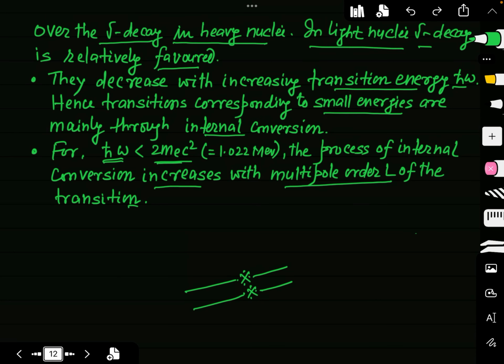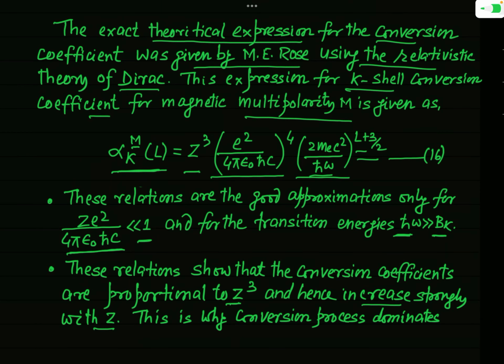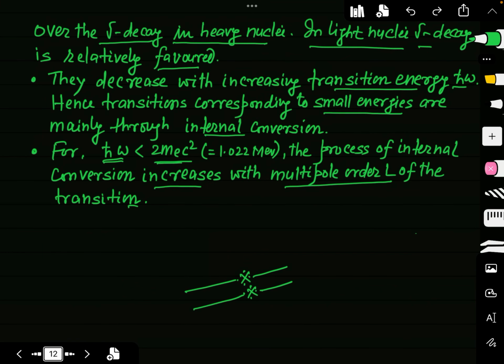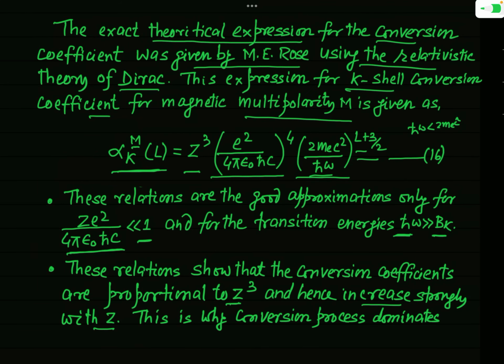You can see it here that if L increases, but I have mentioned that h bar omega is less than 2 m_e c squared. So when this condition holds, the number inside this bracket will be greater than 1, and if it is greater than 1 and you increase the value of L, then the value of this quantity will increase, because when you increase the power on a number greater than 1, the value increases.